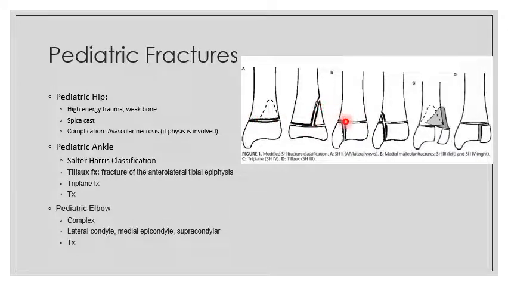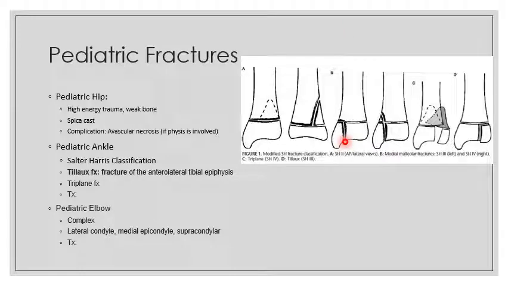Separation, above, low, through, crushing. The Tillaux fracture is basically a type 3 fracture involving the medial malleolus and avulsion of the tibiofibular ligament. So basically, it happened to a weak structure, so this one needs to be fixed.